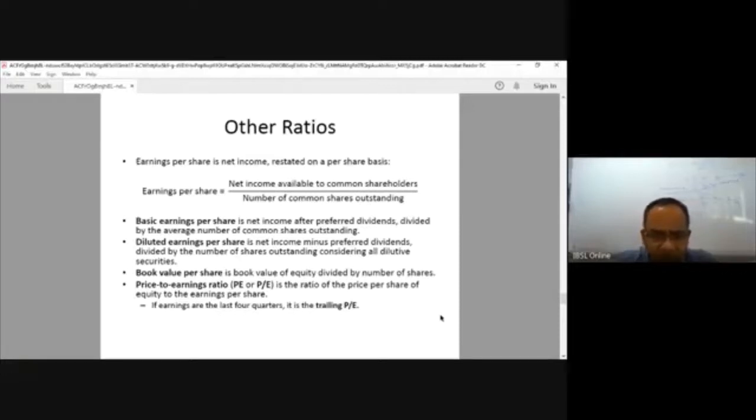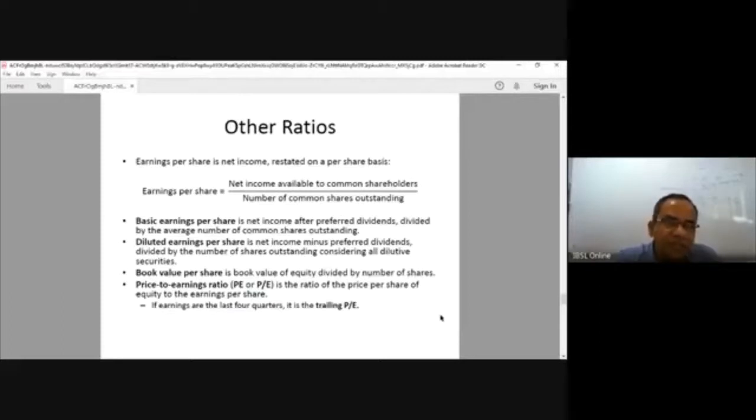The other one is book value per share. The net assets divided by the number of shares will give the book value. You have the net worth of the business, assets minus liabilities.